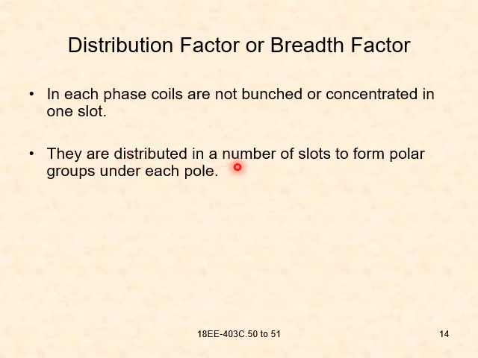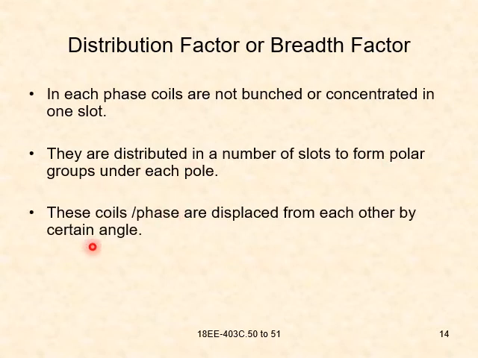They are distributed in a number of slots to form polar groups under each pole. So these coils of a phase are displaced from each other by a certain angle.